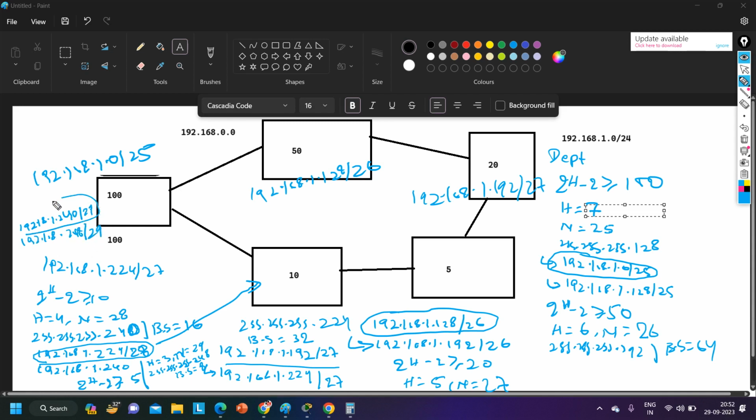How many valid hosts are there in this network? 6. So I will give this network to this department, and still we have this free.